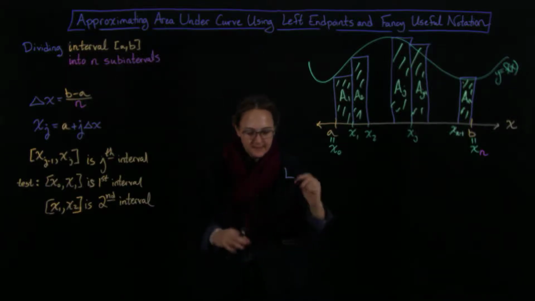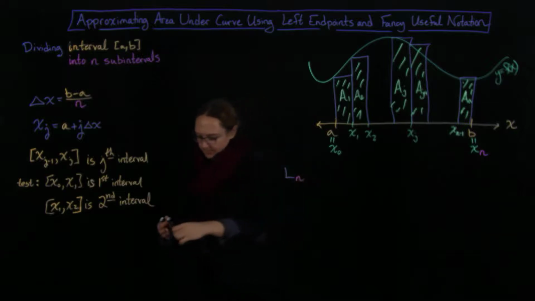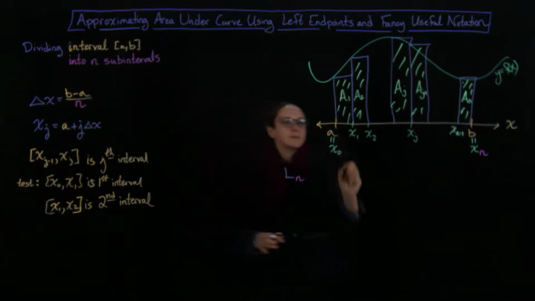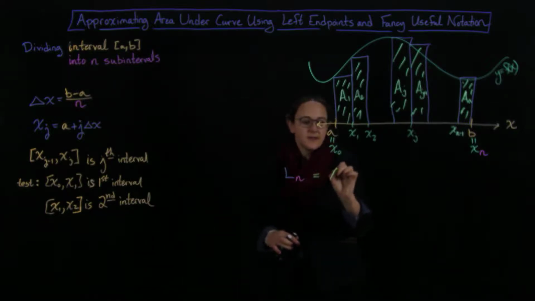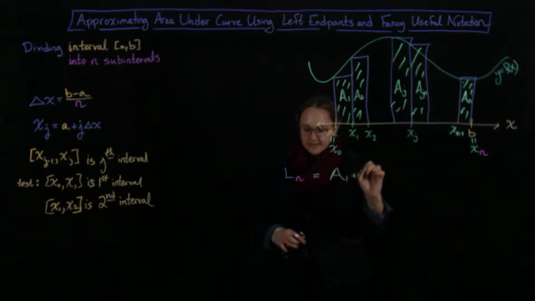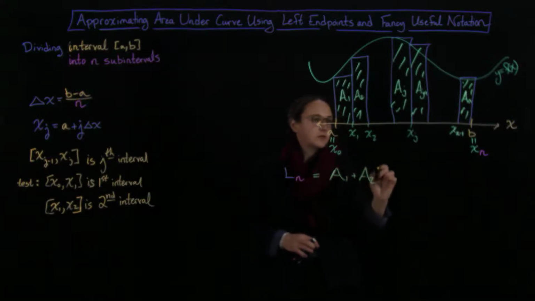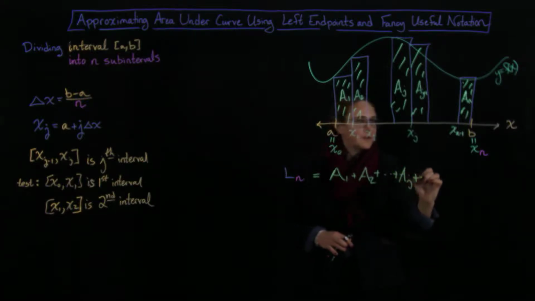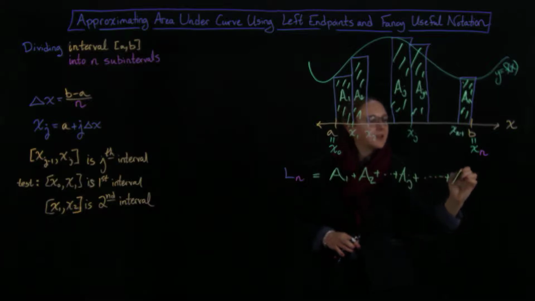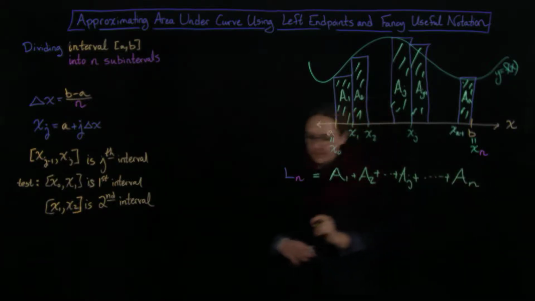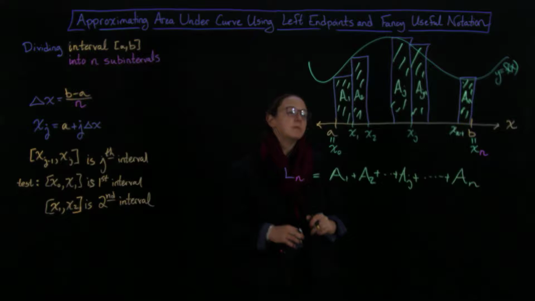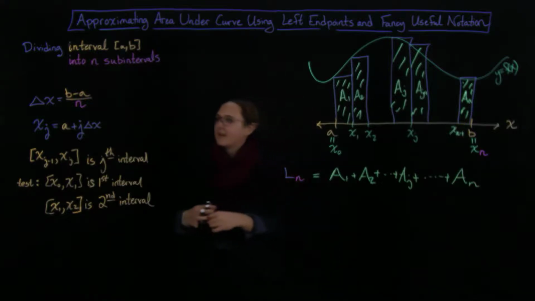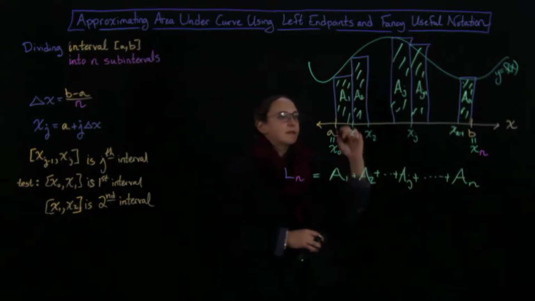So I want to take that this is equal to, well, I'm just going to get, so this is equal to, so I have A1 plus A2 plus all the way up to AJ plus all the way up to AN, okay? And then we remember, right, I know that I've used n there, but we're going to use this also.